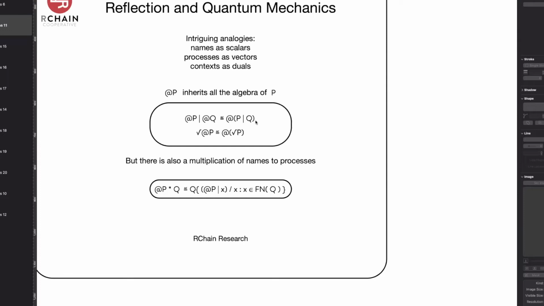That's just syntax. Once I've formed this piece of syntax, I can also form this piece of syntax. So this is a process, right? The type of this thing is a process. And the type of this thing is a name. Now, the name of P par Q and the name of Q par P are the same name? That's right. They are the same.